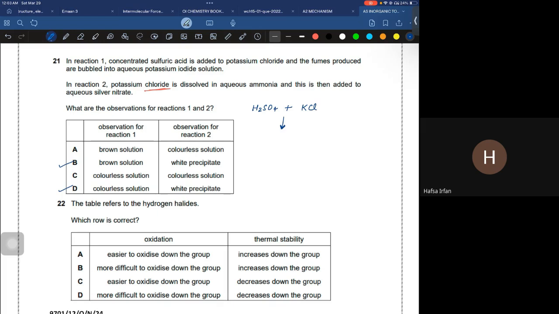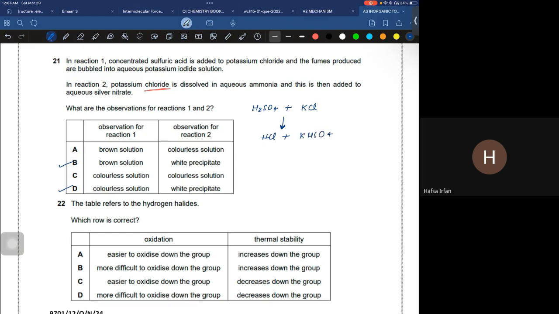Can anyone tell me? Yes. Sir, HCl and KHSO4.